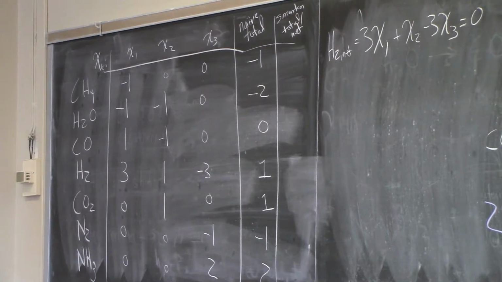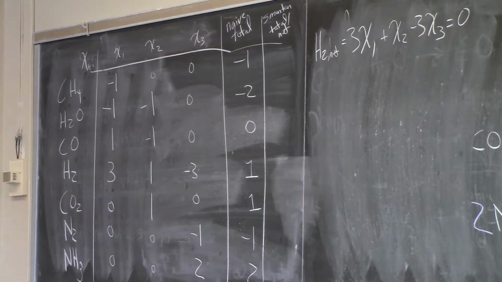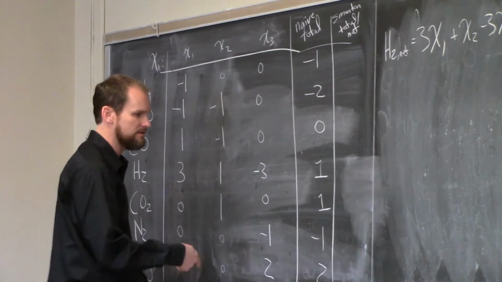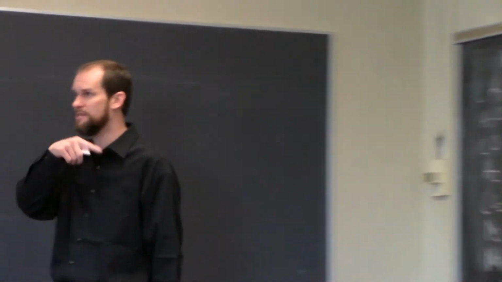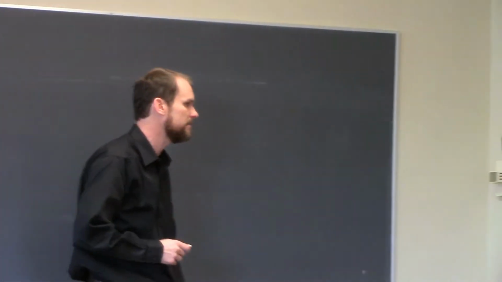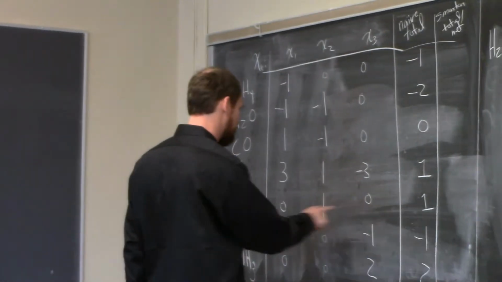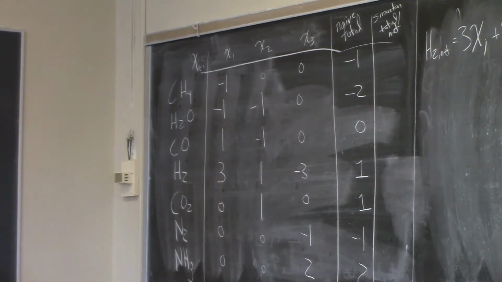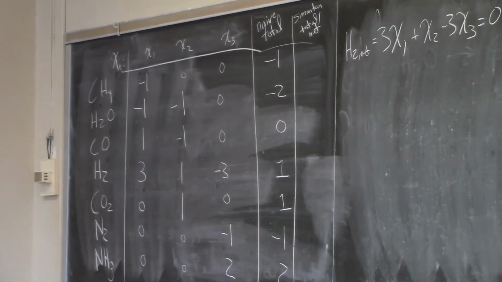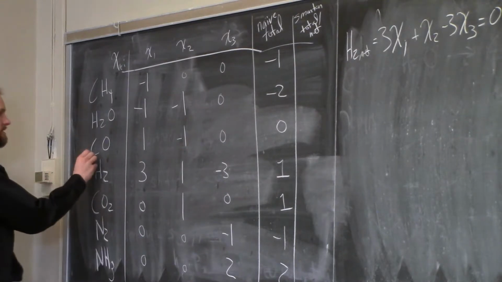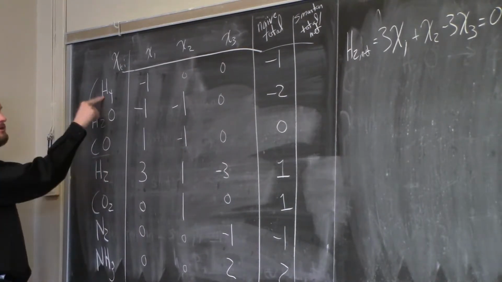What else might I want to specify? Our other byproduct is CO2. Can we get rid of the CO2? How many think yes? How many think no? Yeah, there's no other reaction to get rid of it. There's no reaction that consumes it, so for this choice of pathways, there's nothing I can do about it. CO2 is going to be equal to whatever we put Chi2 at. What else? CH4 is a reactant.